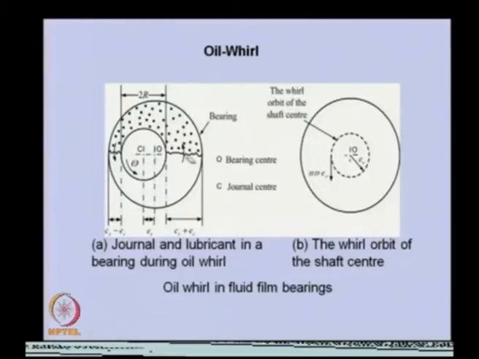So we expect that this length will be cr plus er, and this length will be cr minus er. Now we are trying to calculate the volume of the fluid which is going here and here, and how much volume of space this shaft will be creating here because of its motion in the downward direction, and we will be equating these three volumes.